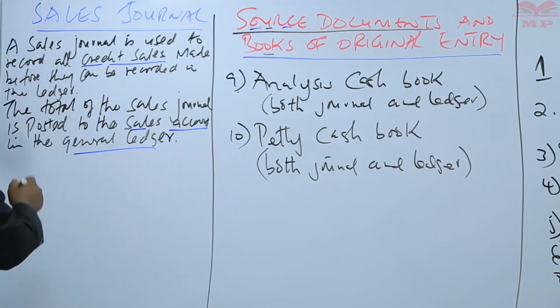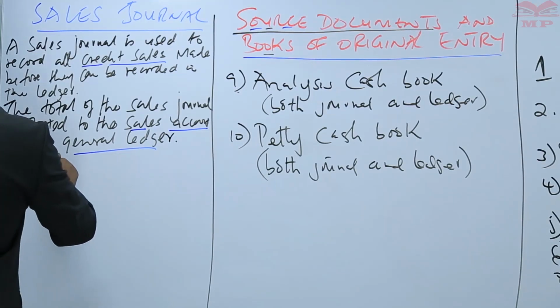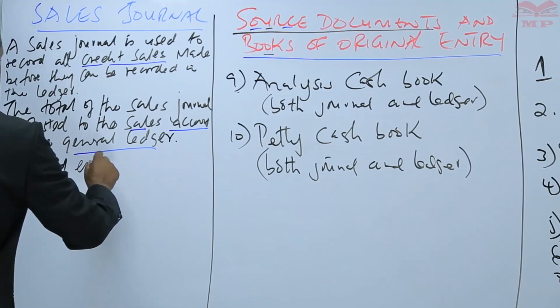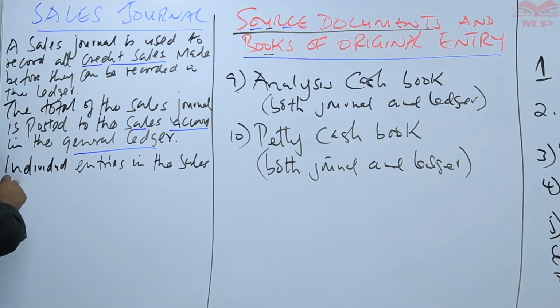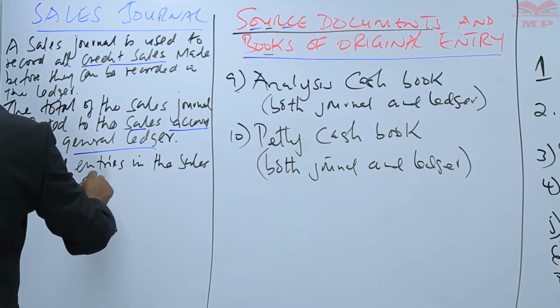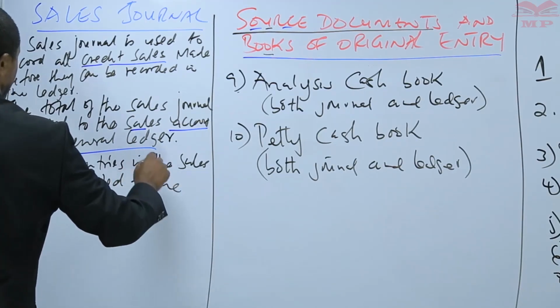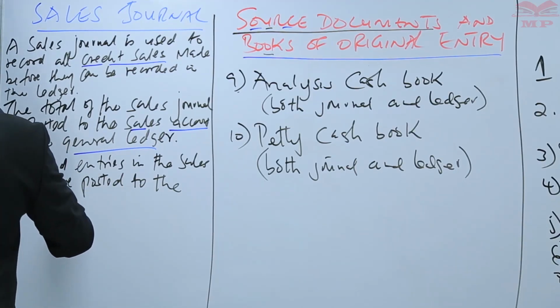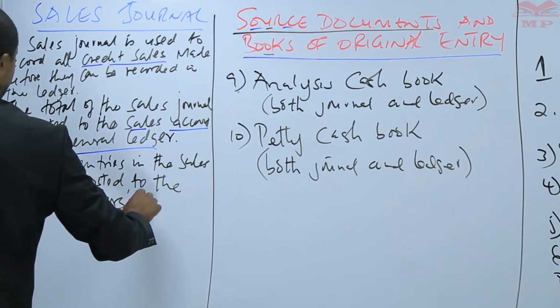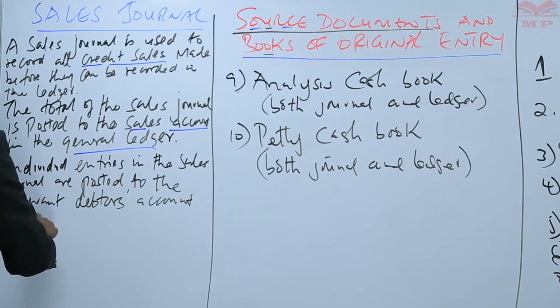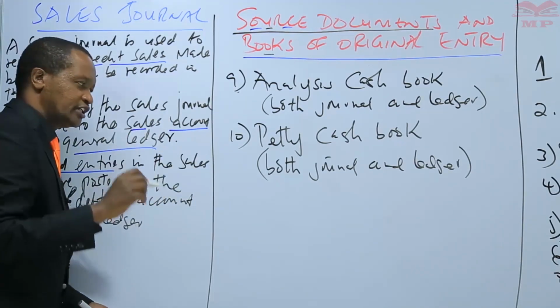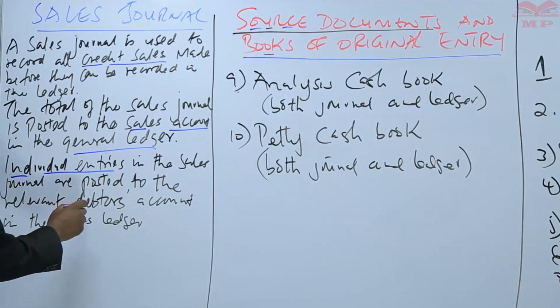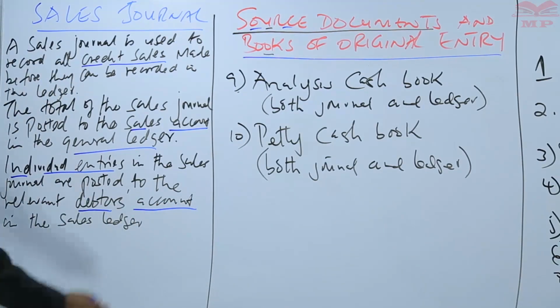You can put down that sentence: individual entries in the sales journal are posted to the relevant debtors accounts in the sales ledger.